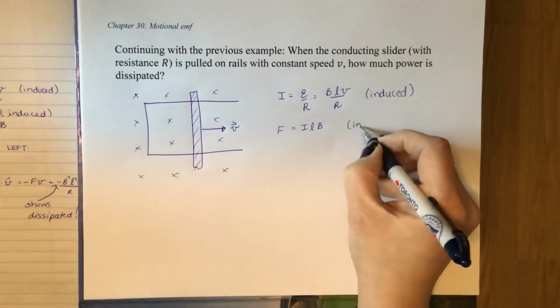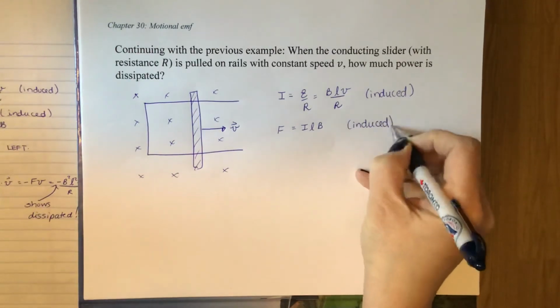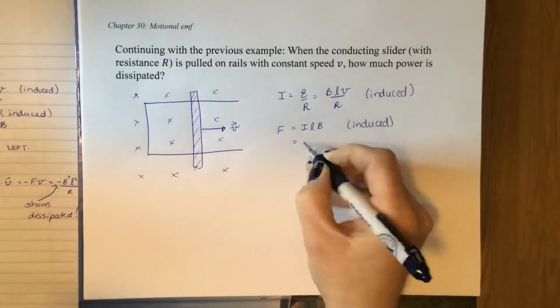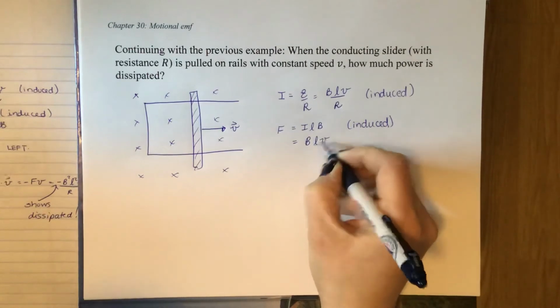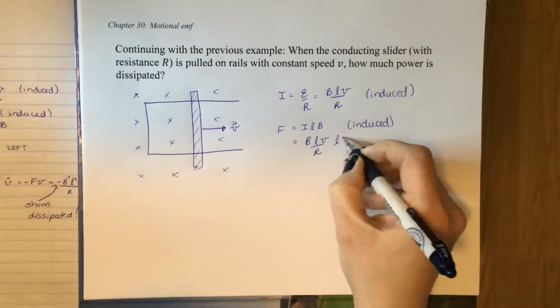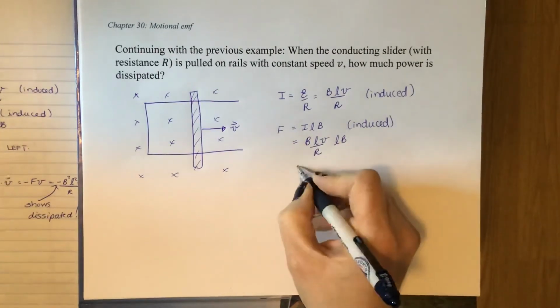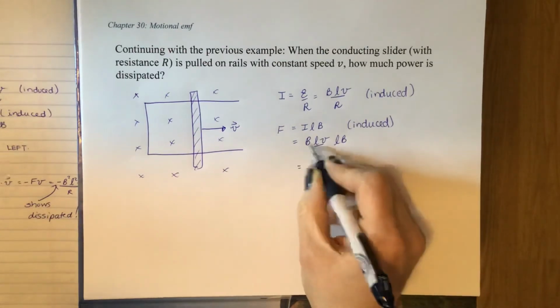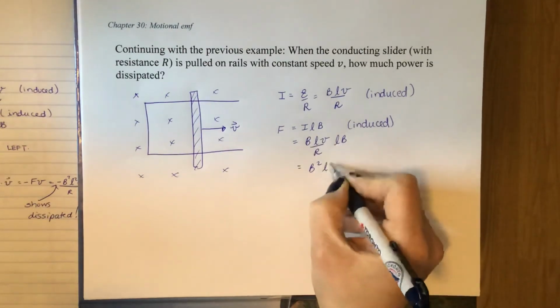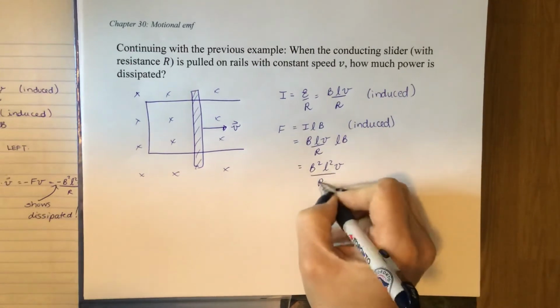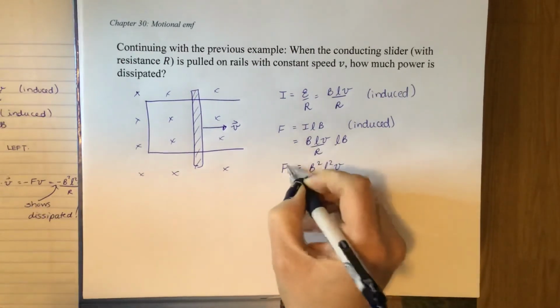And that's an induced force. It only happens because we're in motion. Let's fill in what we just wrote down for our current, BLV over R, and then times LB, gives us B squared, L squared, times V over R is our induced magnetic force.